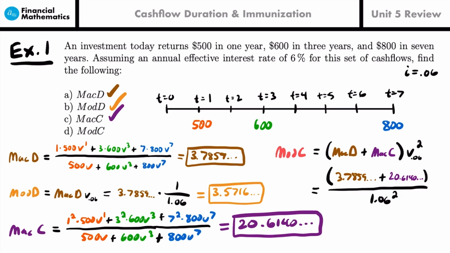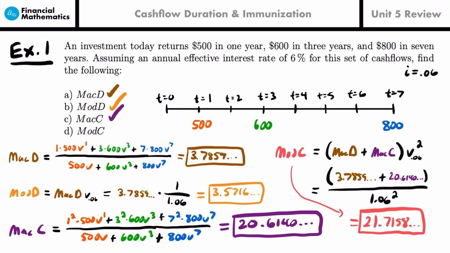All right, so if you add the Macaulay duration to the Macaulay convexity and divide by 1.06 squared, you should find that the modified convexity is equal to about 21.7158 and some more decimals. That is the modified convexity for this set of cash flows.